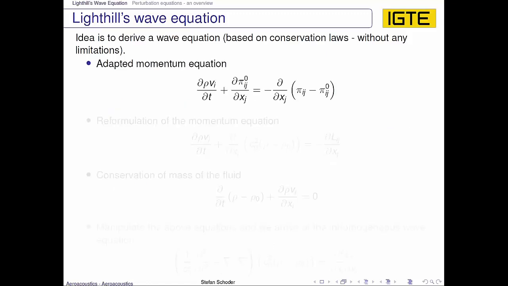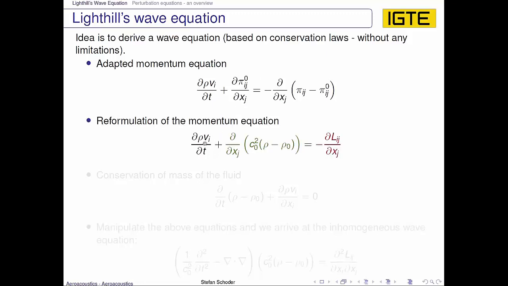And it is derived the following way. We now use the adapted momentum equation. So we have the momentum equation, which is this term on the right hand side, the pi term there in Reynolds form, and then we simply add the acoustic base condition to it, which is this pi null, and based on that we can reformulate the momentum equation.